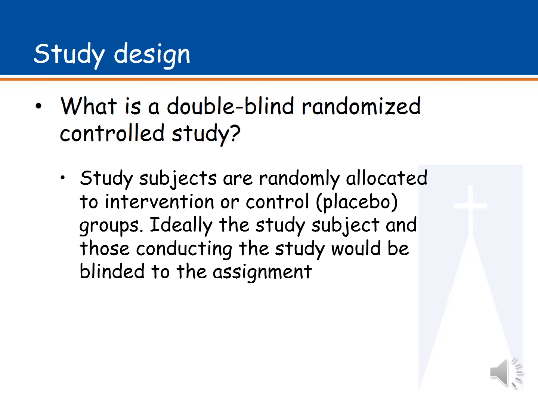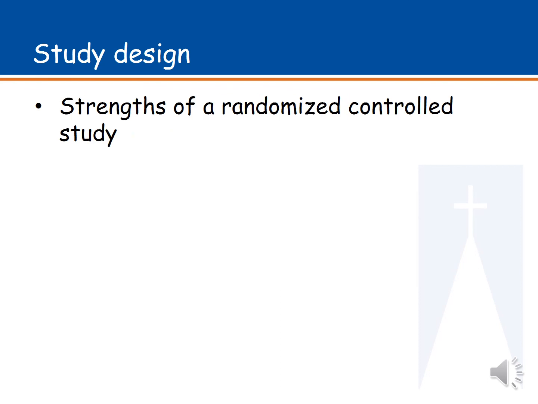Ideally, the study subject and those conducting the study would both be blinded to the assignment, so the preparation of providing the pills, placebos, would be done behind the scenes and would be done based on number allocation so that the researcher who's interacting with the study subject would not know their assignment.